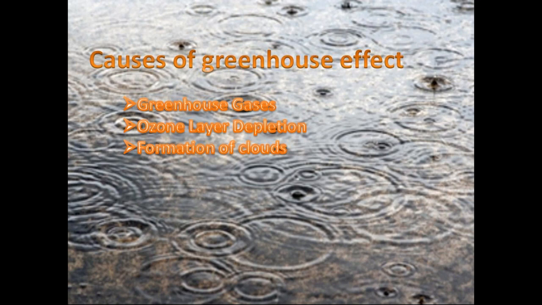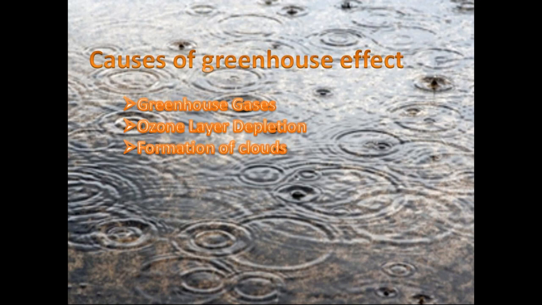Rather than helping to radiate this heat to the earth crust, they shield the radiated heat completely from even coming to the earth crust, thereby causing a lot of problems, which we're also going to be looking at, the effect on both the water body, on the environment, the climate, and the rest of them. So one of the causes of greenhouse effect is these greenhouse gases that have been emitted into the atmosphere.